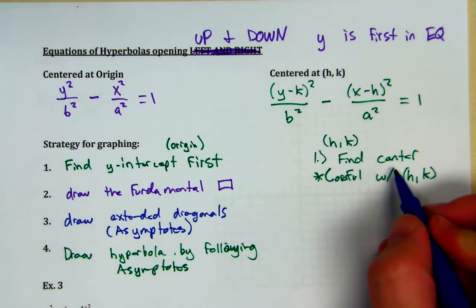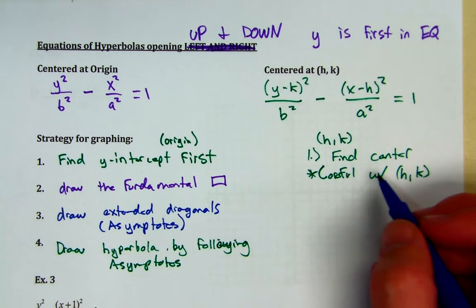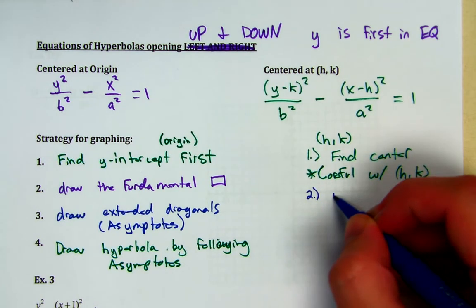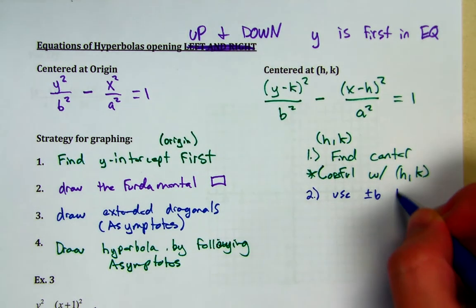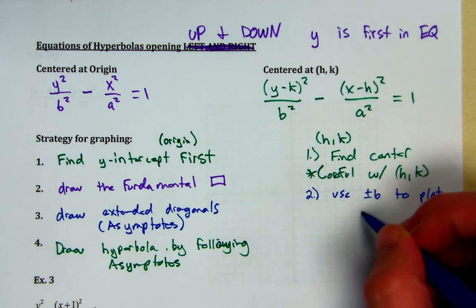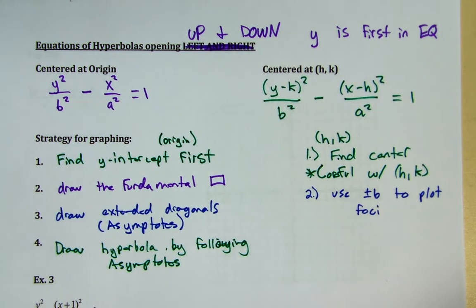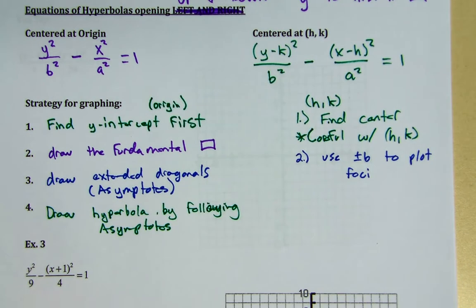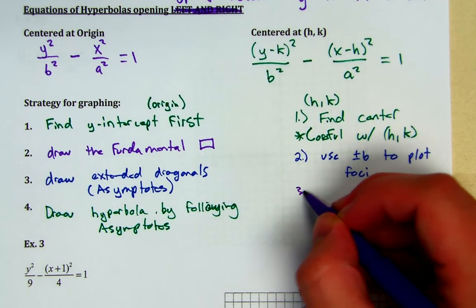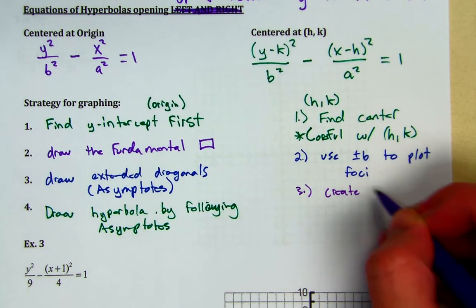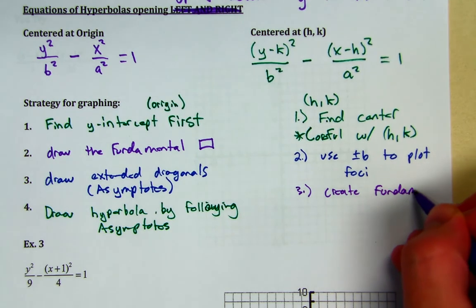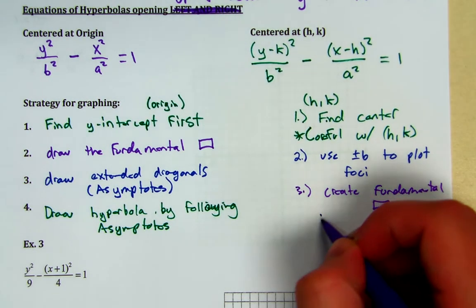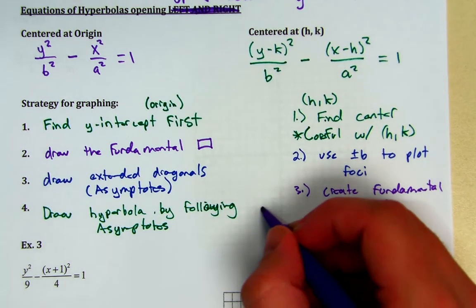So again, you find your center first. You're going to use plus or minus b to find the focus. So use plus or minus b to plot your foci. And then you're going to create the fundamental triangle, or rectangle. And then you follow the steps over there.